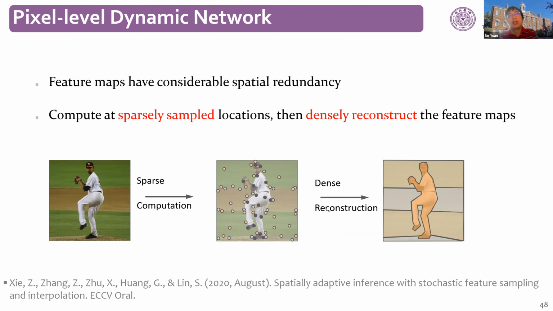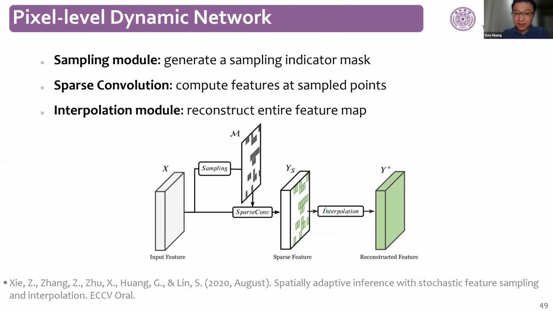Another additional question: when we perform the reconstruction, how about the computational cost? The interpolation is very efficient. The computation is negligible, because convolution has a lot of multiply-add operations across all the channels.